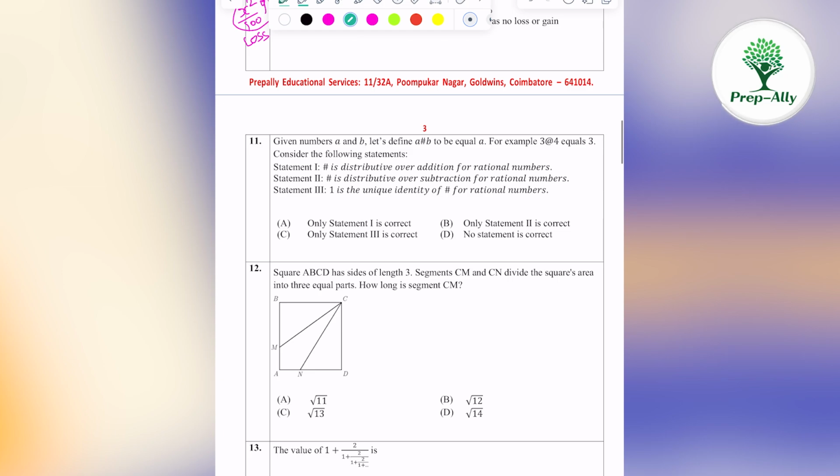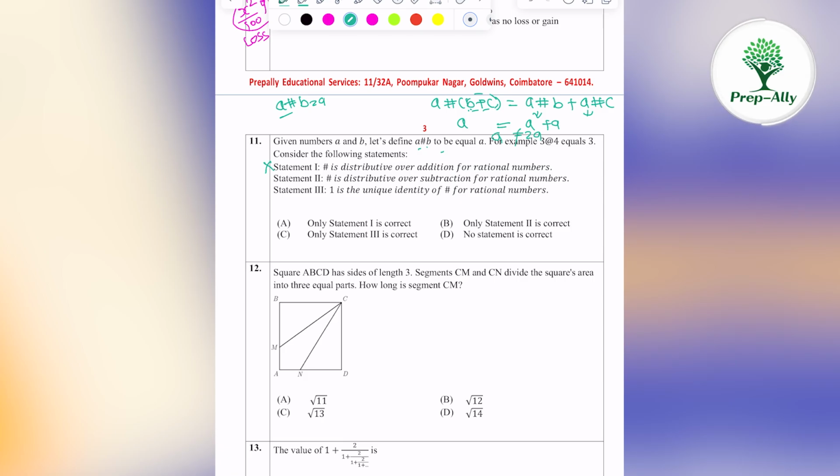Hashtag is distributive over addition for the rational numbers. So if I define A hashtag B plus C, we have to write A hashtag B plus A hashtag C. This value is equal to A, because the rational number again gives some other rational number, and according to the definition A hashtag B is equal to A. For this one we can write A and this one is also A. So this is 2A, but A and 2A are not equal, so the first statement is not true.